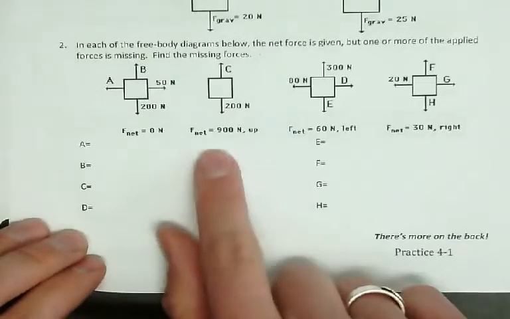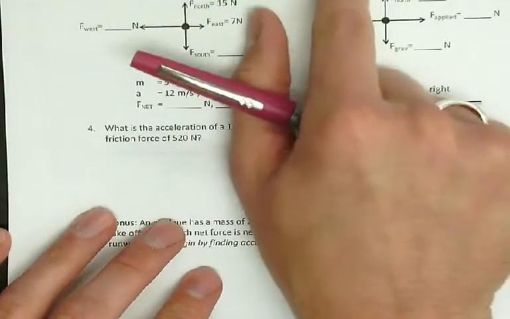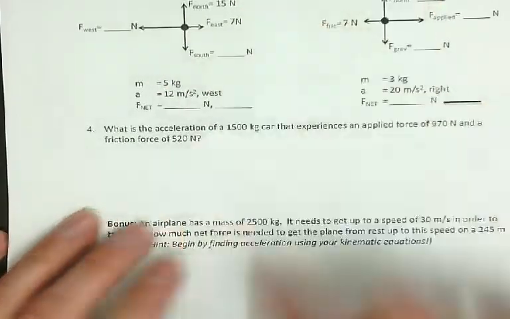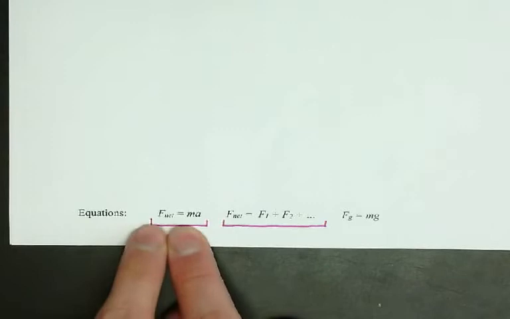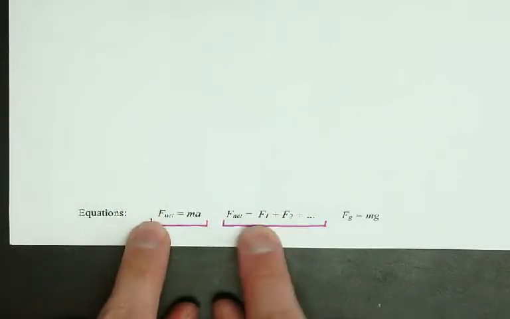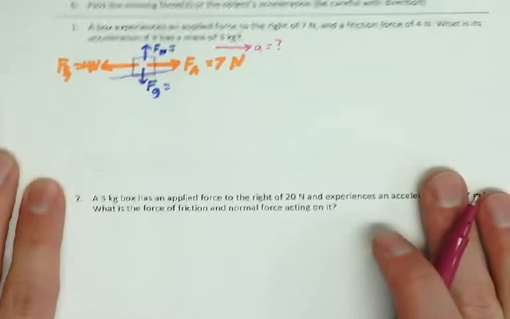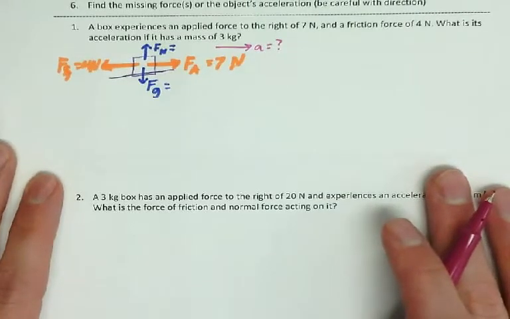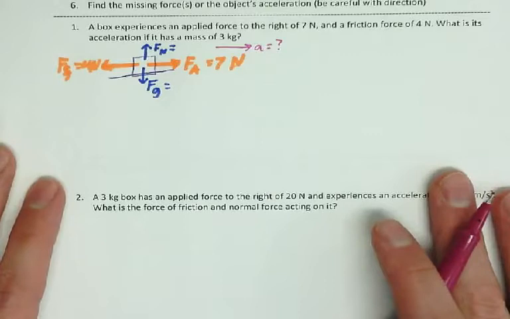And in this one, we had the net force, and given the mass, we could find the acceleration. Or if we had the acceleration and the mass, we could find the net force. So all we're doing is either combining the mass and the acceleration to find the net force, or adding the forces together to find the net force. So we ask ourselves, do I know the acceleration and the mass, or do I know the net force or the forces acting?